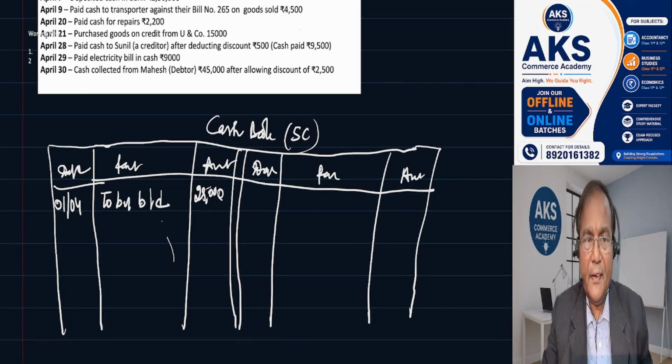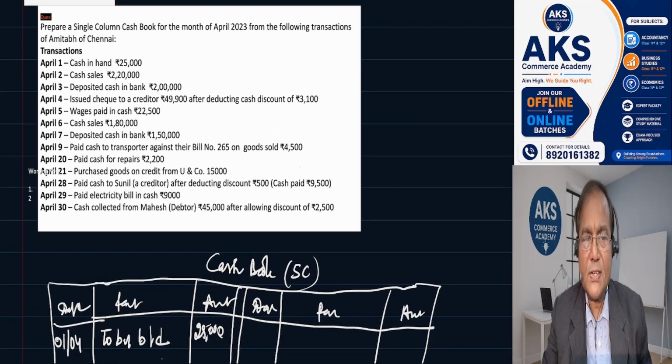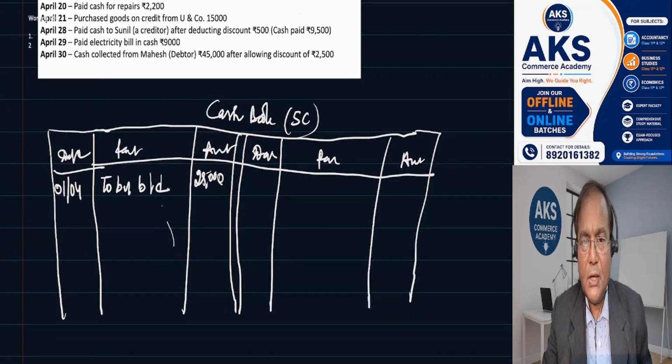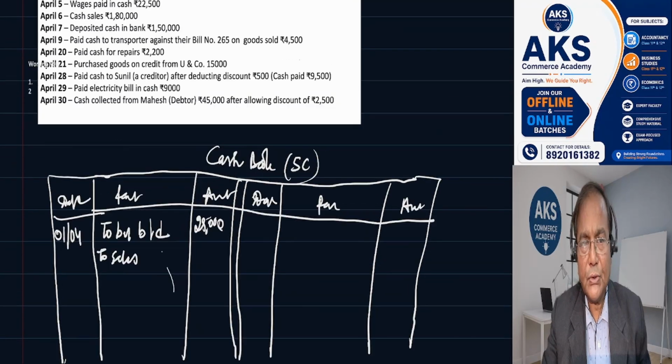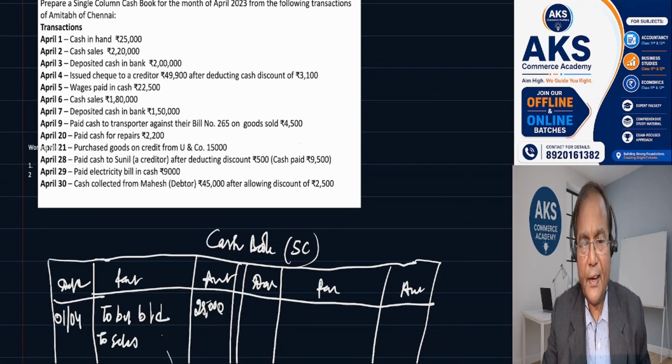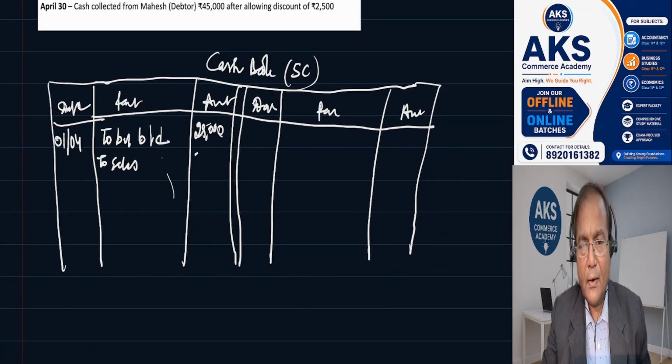Then the next entry, cash sales of 2,20,000. What entry do we pass for cash sales? Cash debit to sales. So we will write here to sales. How much cash sales happened? It is 2,20,000 on 2nd April. I hope it is understood.